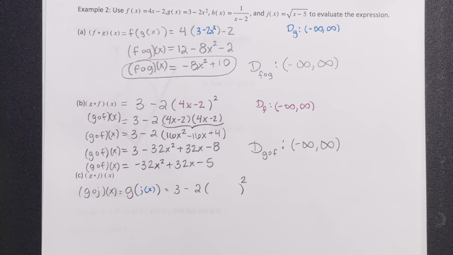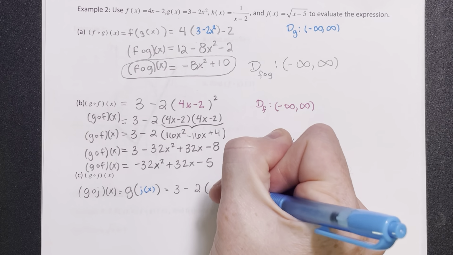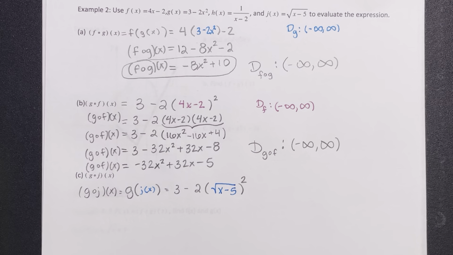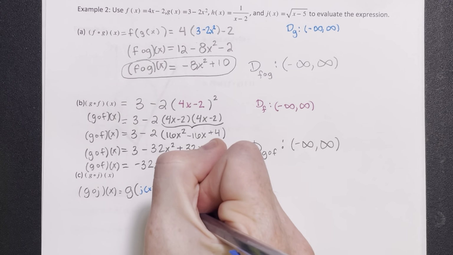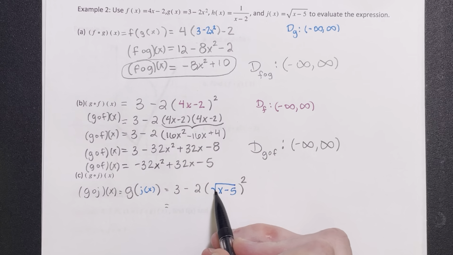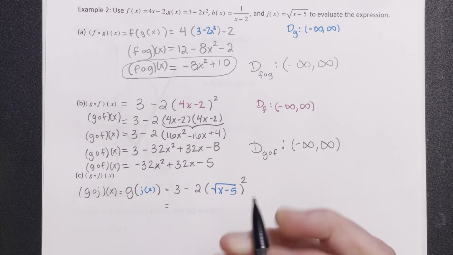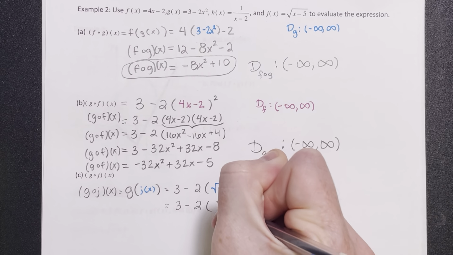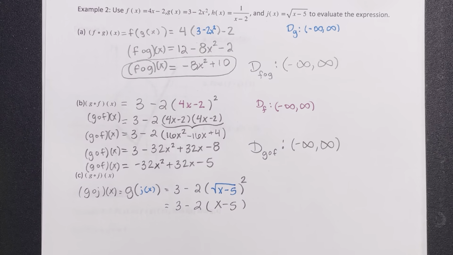That x is being replaced, and our j of x is the square root of x minus 5. As we simplify this, we're squaring a square root. Squaring is the inverse operation, which leaves me with just x minus 5.